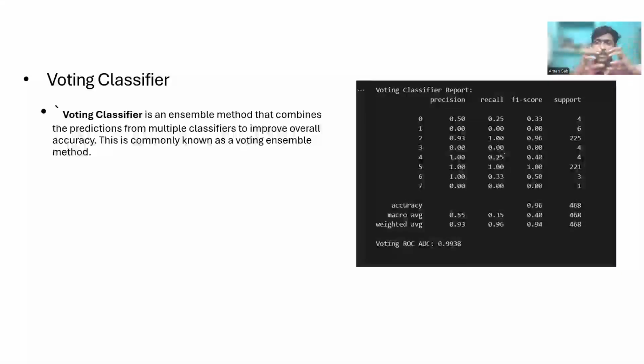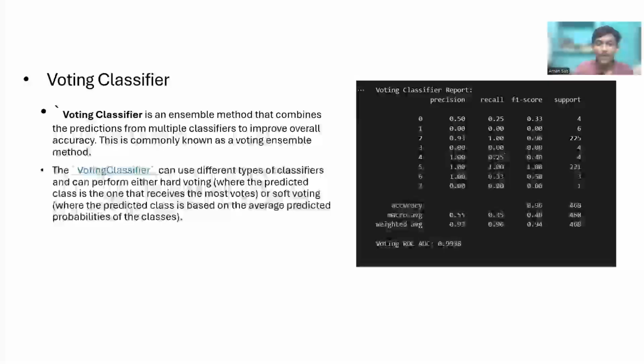It will take the predictions from multiple classifiers and, based on hard voting or soft voting, cast its vote, right? Different types of classifiers can perform either hard voting, where the predicted class is the one that received the most votes, or soft voting, where the predicted class has the average vote from the different classifiers, right?